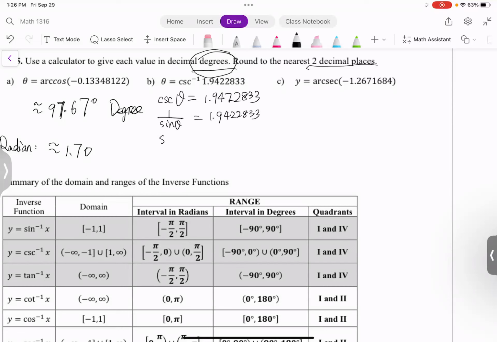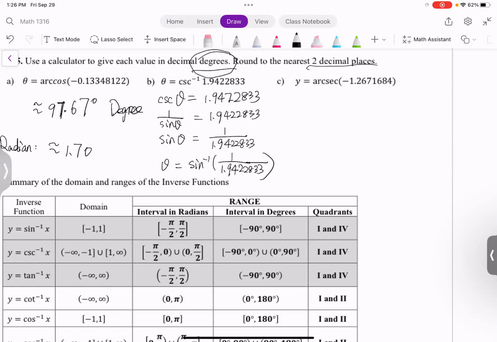So 1 over sine theta equals 1.9422833, and theta equals the inverse of sine of 1 over 1.9422833. So next time, how to find theta from inverse of cosecant?